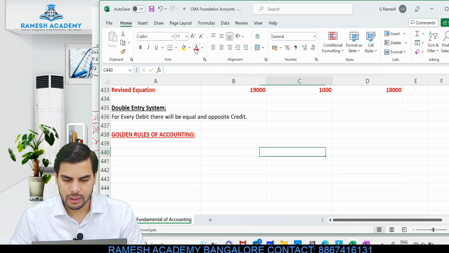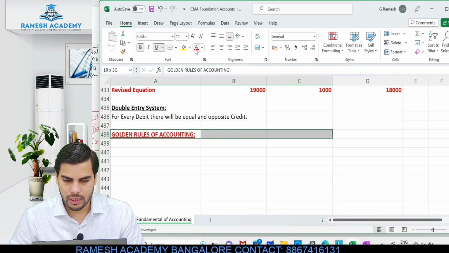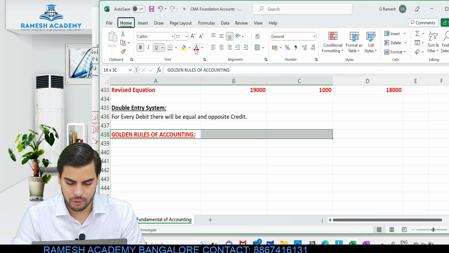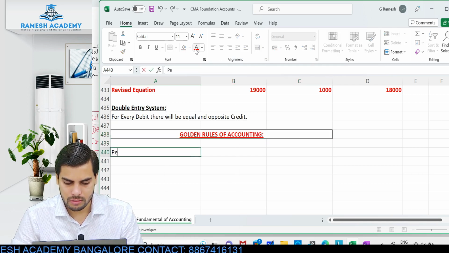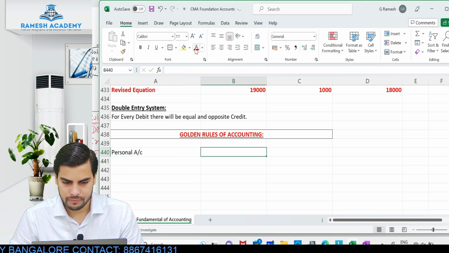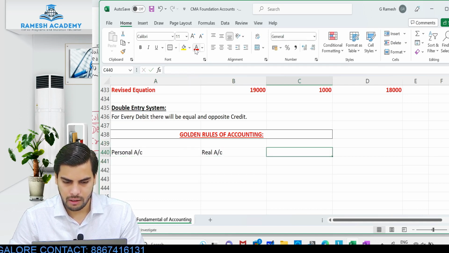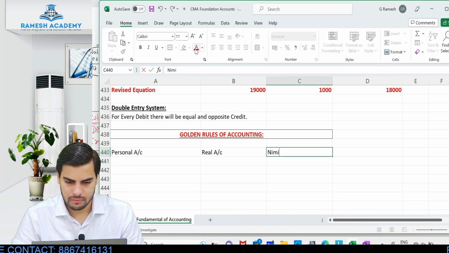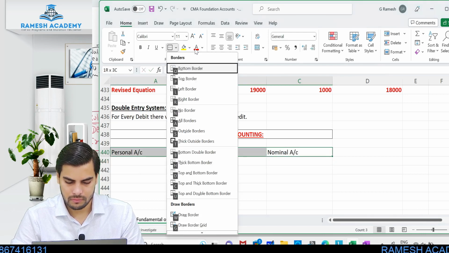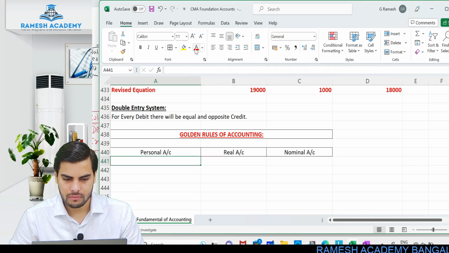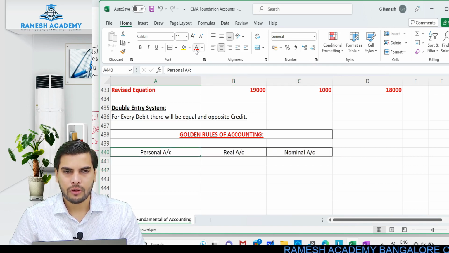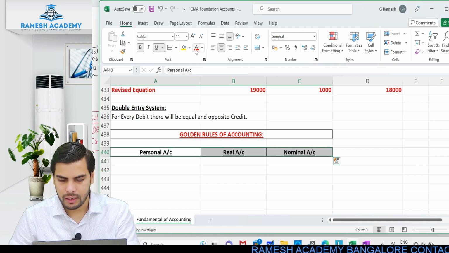According to these golden rules, any account for that matter can be classified into three types: personal account, real account, and nominal account. Clear? So any account can be classified into personal, real, and nominal.